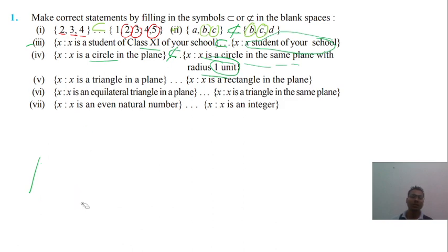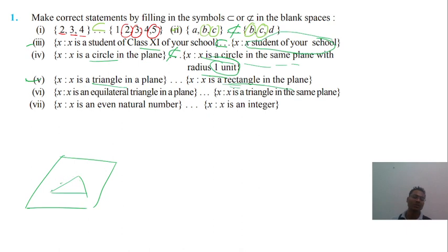Okay, so our next part, fifth, is X says that X is a triangle in a plane. Here I draw a plane and I draw a triangle, and X says that X is a rectangle in that plane.